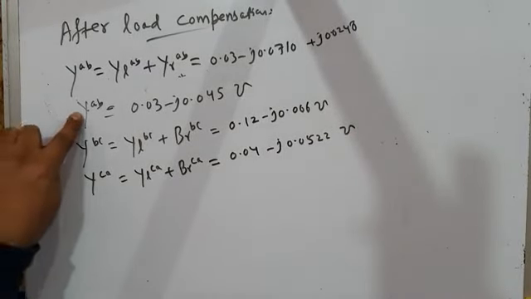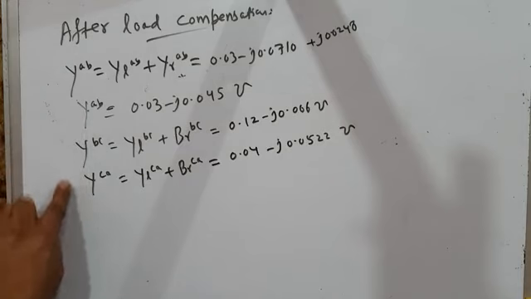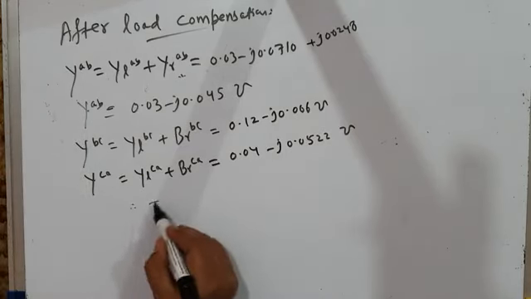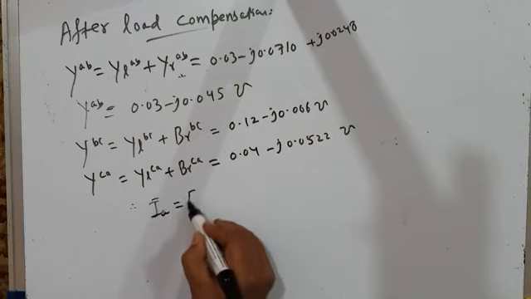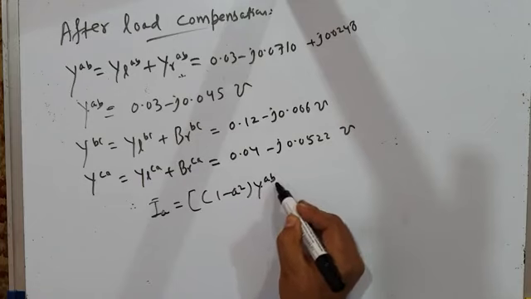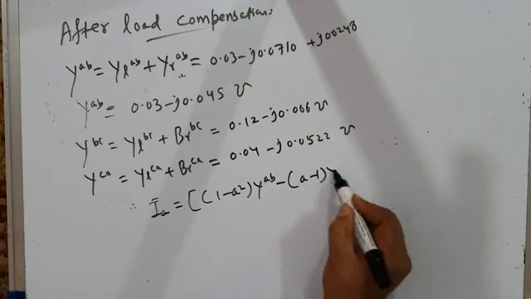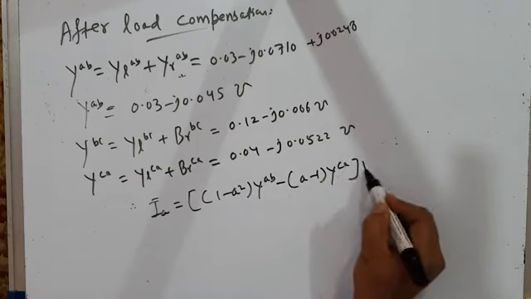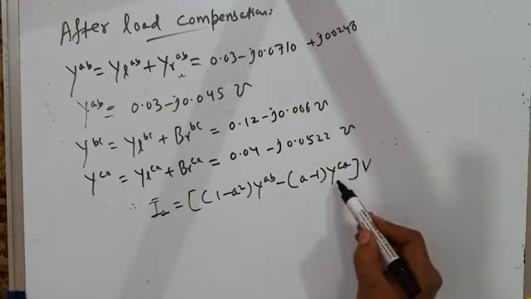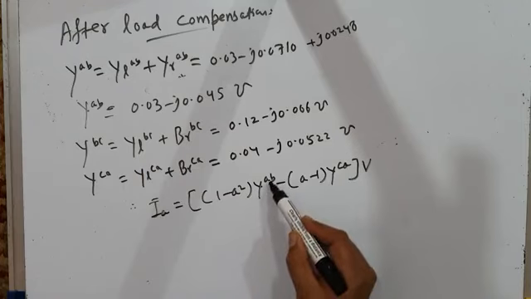Once you know the admittances after connecting the compensator branches across the three load branches, that is the total admittances YAB, YBC, YCA, you can now find the currents. What is line current IA? Line current IA is (1 minus A square) into YAB minus (A minus 1) into YCA, into V. Previously, without compensation, I was writing YLAB and YLCA, the load admittances.